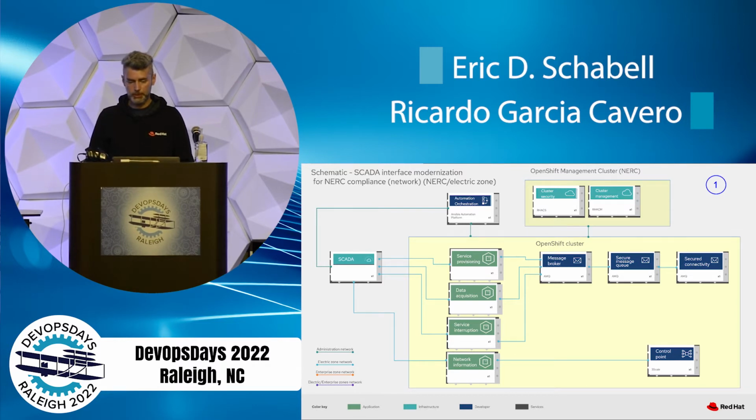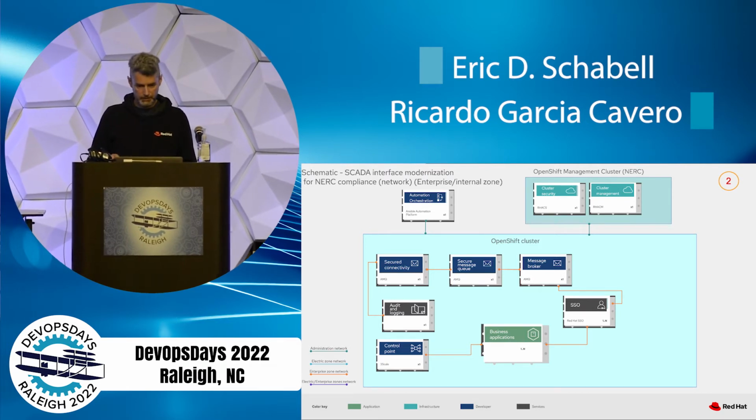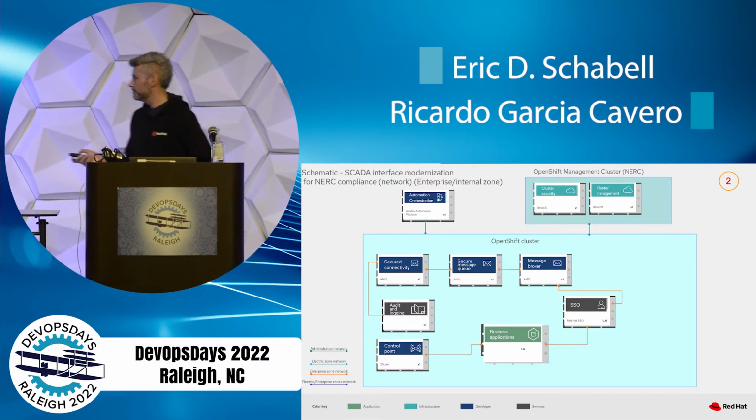The API management that we're using is 3scale. That's what will talk to the network information application that goes to SCADA, gets the information from the network device, and then passes this information to its peer in the enterprise internal zone. We can see it's basically the same structure, but the only thing that changes are the business applications that are there. And then I hand it over to Eric again.